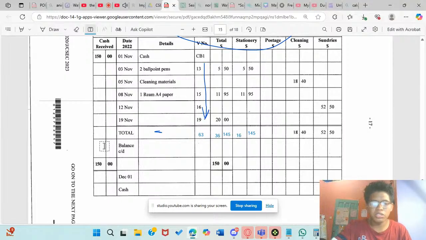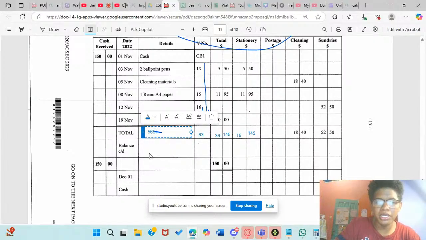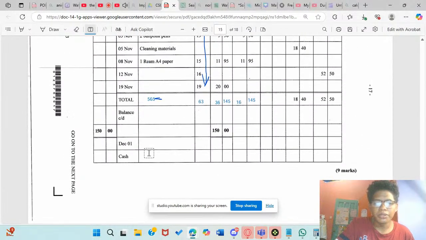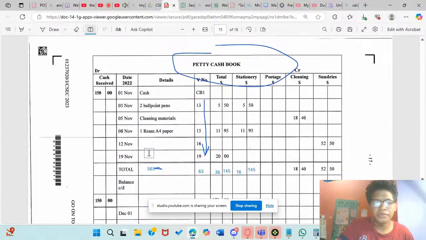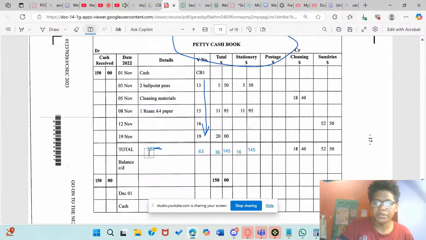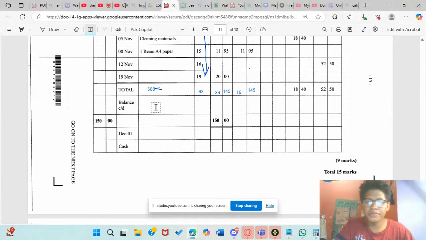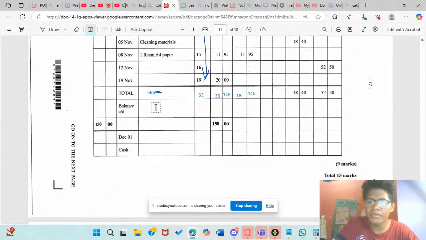Then we have a total of 565. 565, that would be your total for this. So we just put that data right here. I don't think there's any balance carried. Yes, I believe that's it.